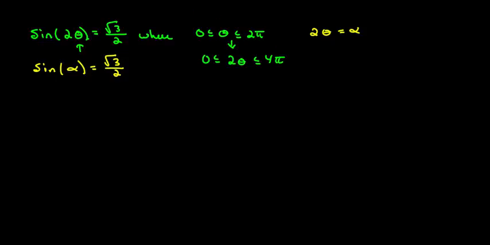So what I'm really saying is that alpha has to be less than or equal to 4 pi.